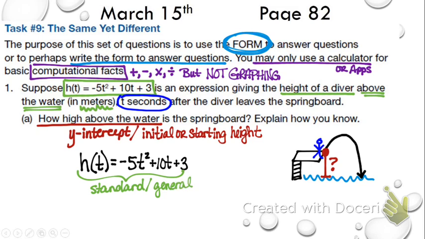Those two get used interchangeably. Can I look at this form and know that starting height? What is it? 3. This right here is my initial or starting height. So what would my answer be here then? 3 meters.